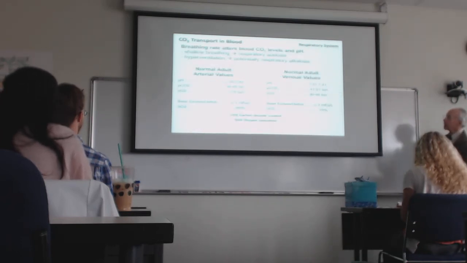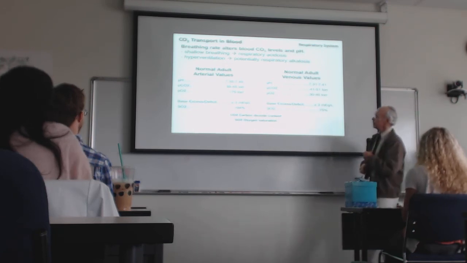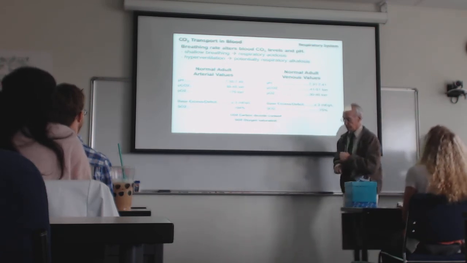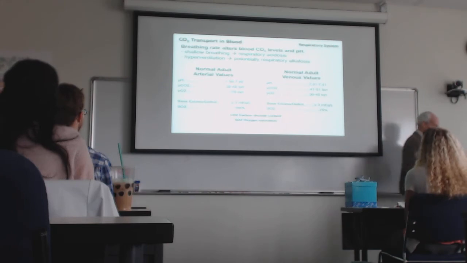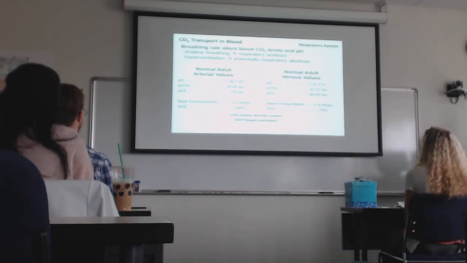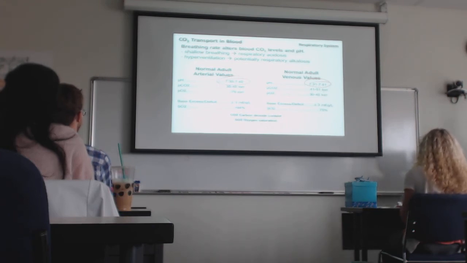So we've basically made the argument that in the venous blood, the blood returning to the lungs, there's a higher CO2 concentration. So it shouldn't surprise you that the pH of the venous blood is lower than that of normal arterial blood. And in part, that's a function of the CO2 concentration.